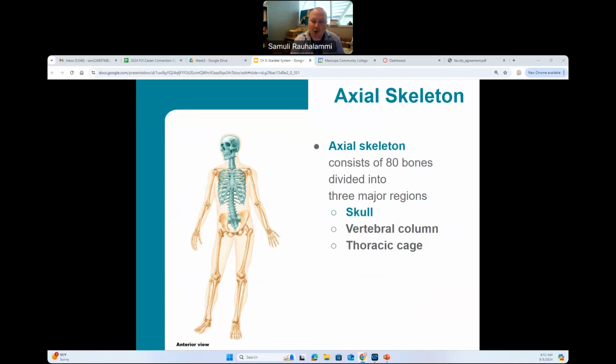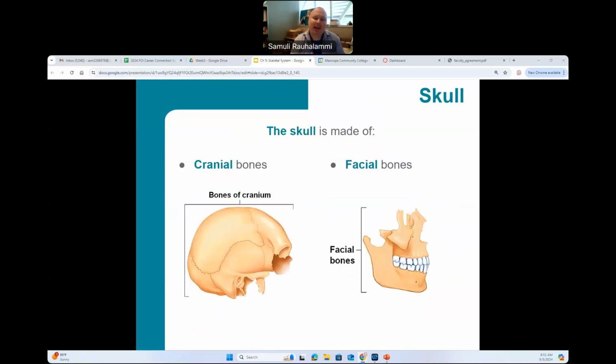So we're going to go through the three main regions of the axial skeleton, and we're going to start with the skull. With the skull, what we really end up seeing is that there's two sets of bones for us to consider. We have our cranium, which encloses the brain at the cranial cavity. And we'll also see that there are many attachment points for muscles of the head and neck that we can locate here.